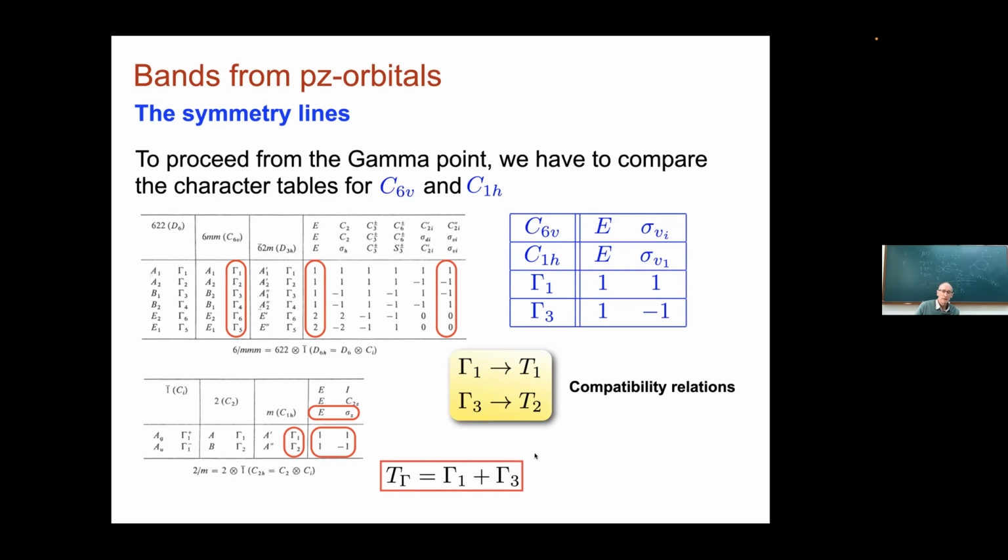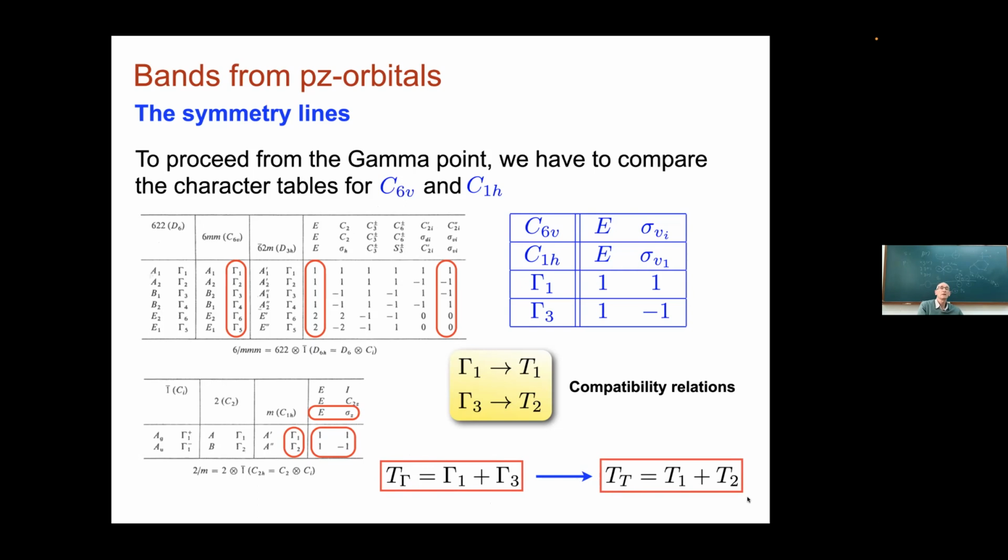So we have obtained this decomposition of the representation for the gamma point. This is what we have obtained explicitly. But now, since we have these subductions, we immediately know the decomposition at the T lines.